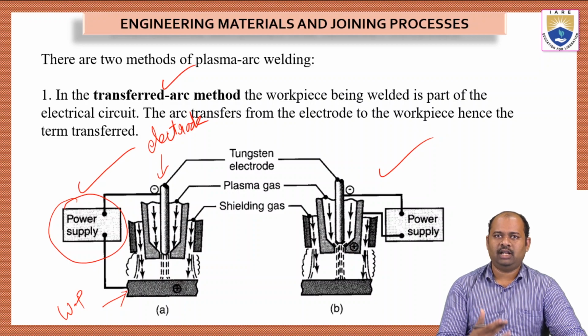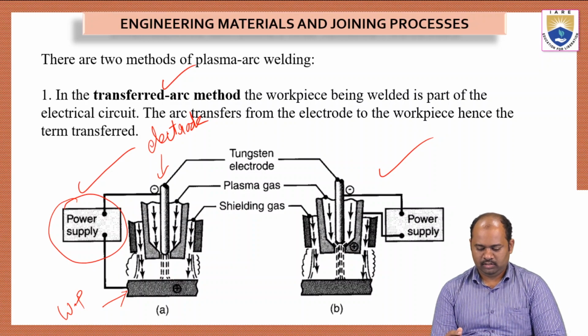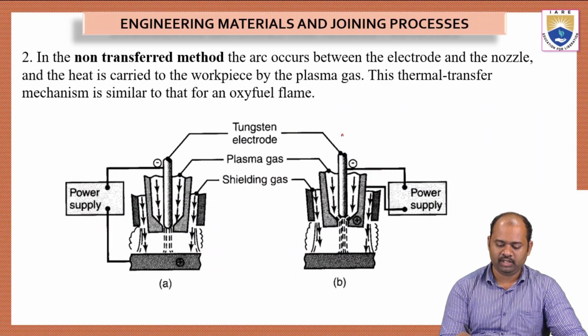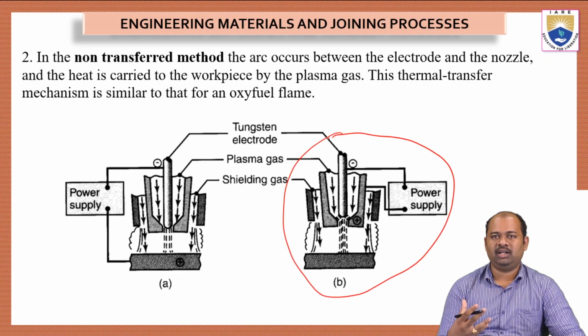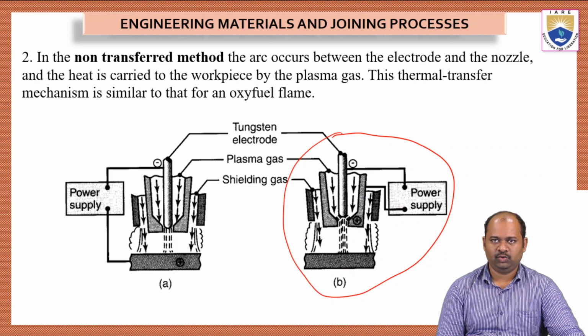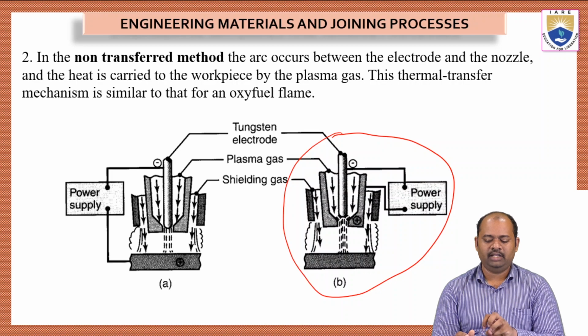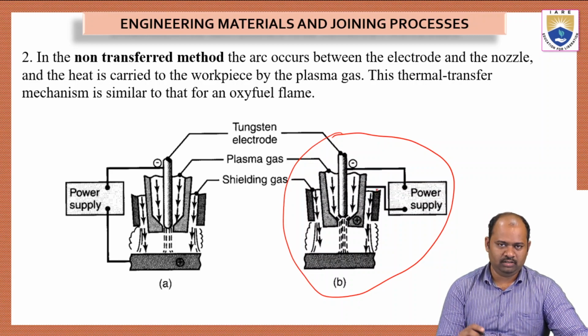So this is transferred arc method, whereas in the second method, that is non-transferred arc method, we have the same figure here. The second figure shows that the workpiece is not a part of this circuit. The workpiece is separately placed and the positive and negative poles are connected to the torch itself. That means the positive pole is connected to the nozzle.